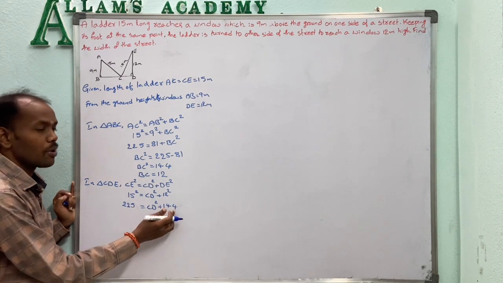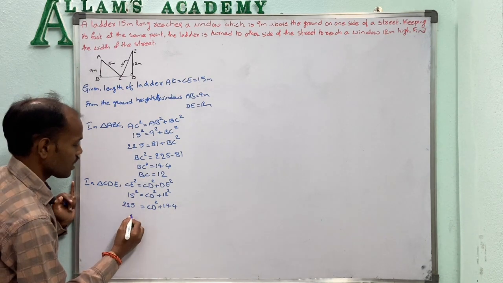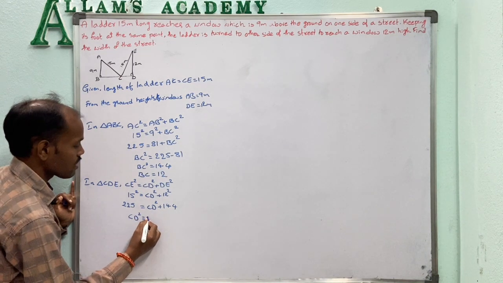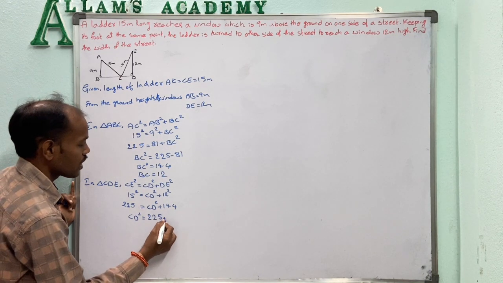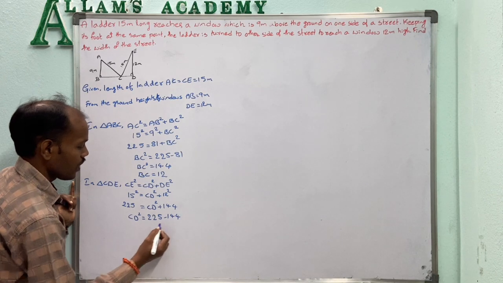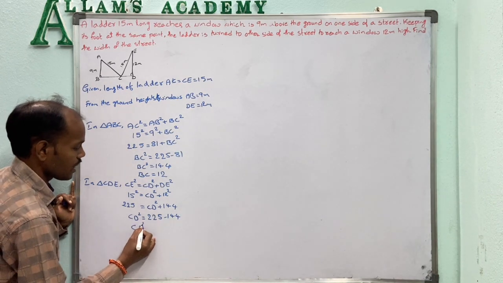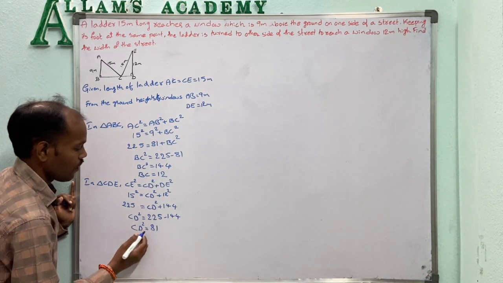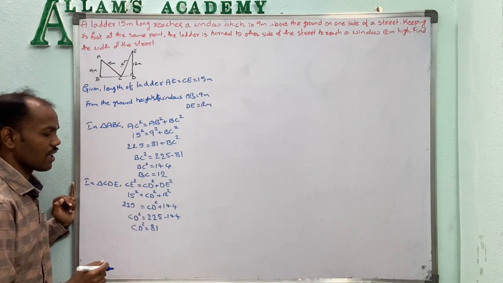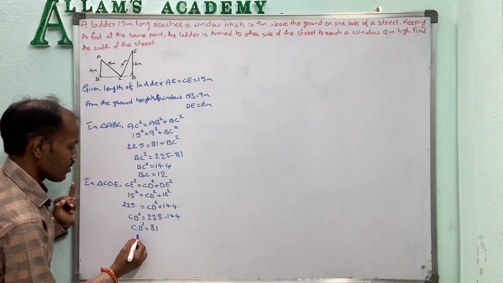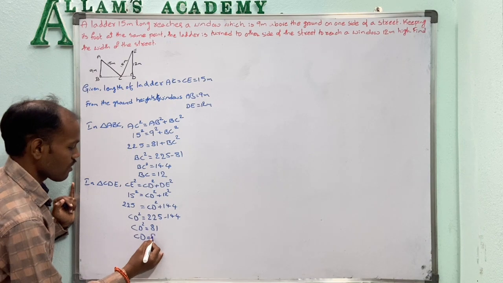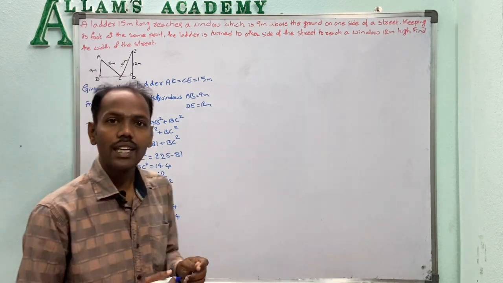Transferring 144 to this side, 225 minus 144 is 81. So CD square equals 81, and CD is the square root of 81, which is 9.